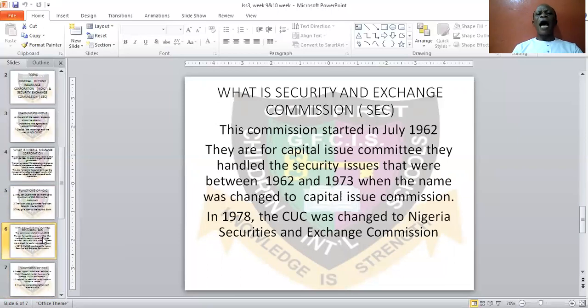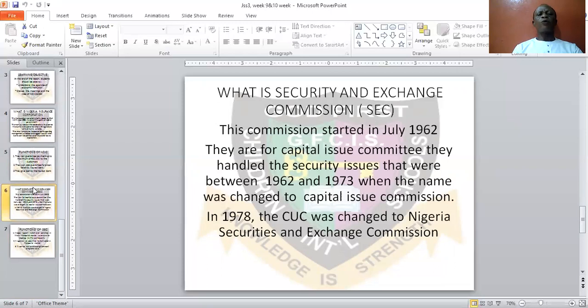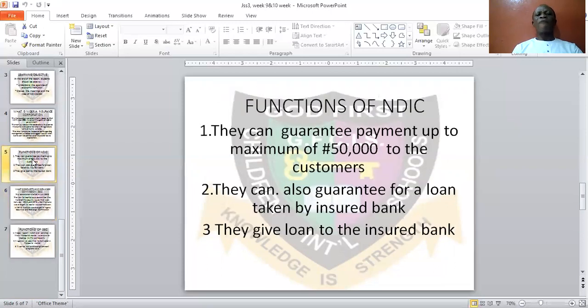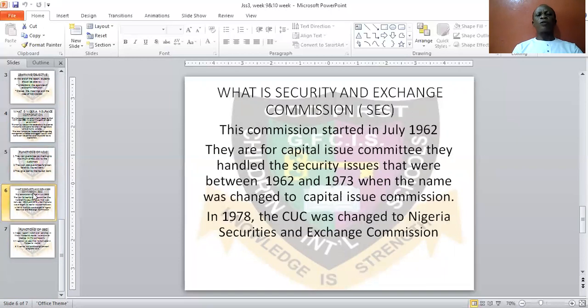What are the functions, the roles that these people perform? We want to enumerate or evaluate the roles, the functions of this SEC in Nigeria and in any kind of country where we might find ourselves.